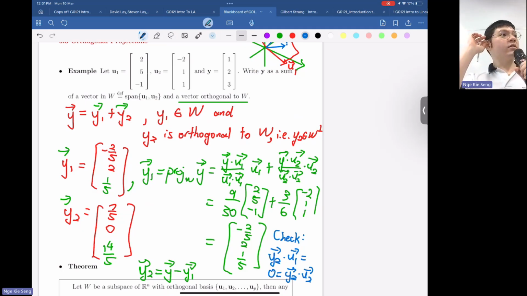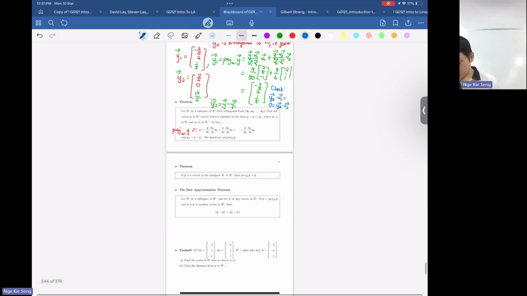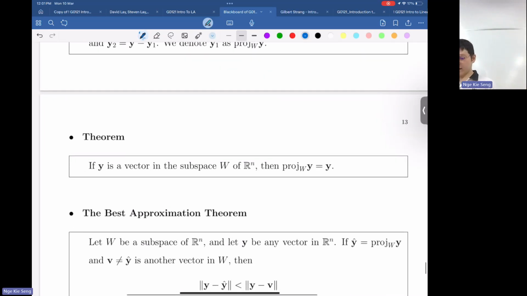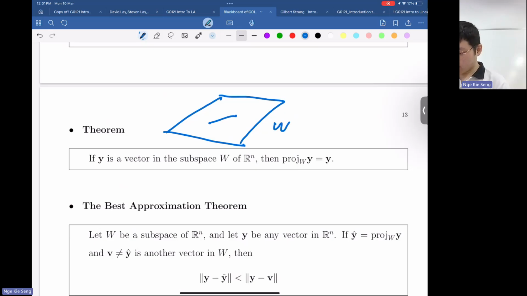Any question? All right, if no question, let's continue. The next theorem is: if y is a vector already inside the span of W, what do you imagine? What's the projection of y?